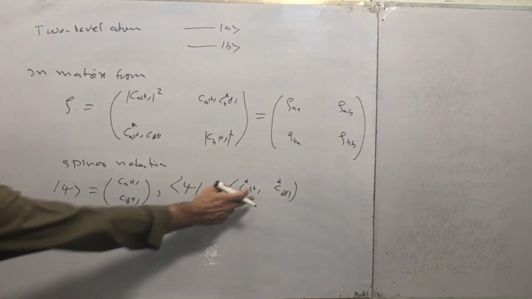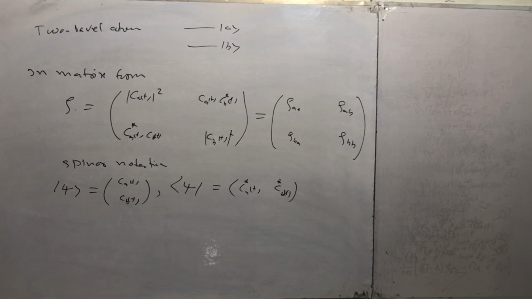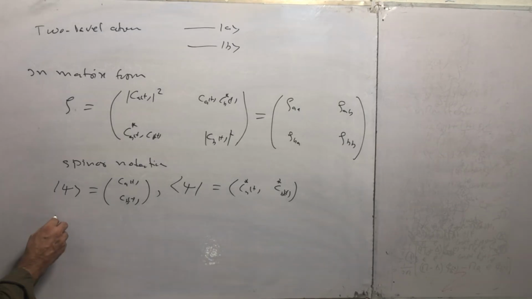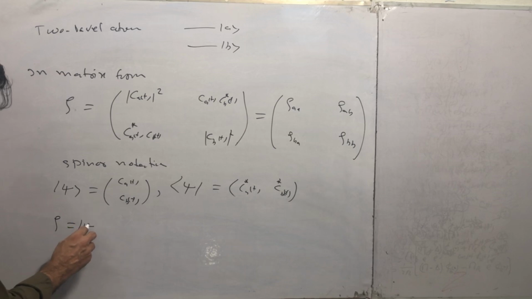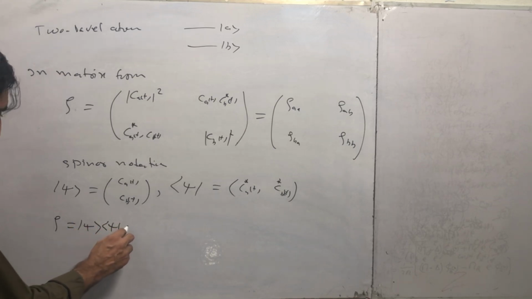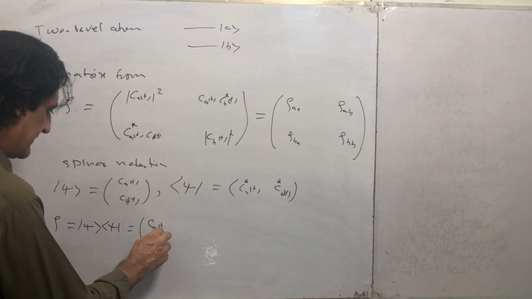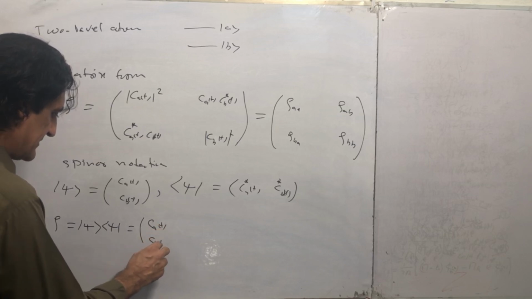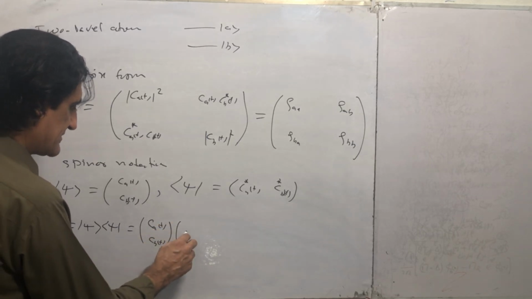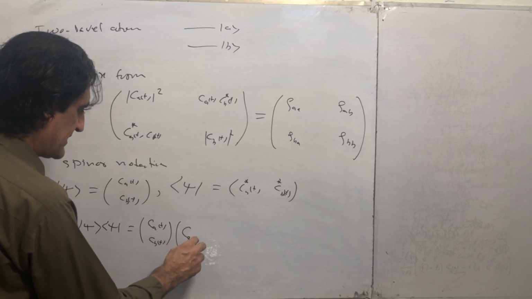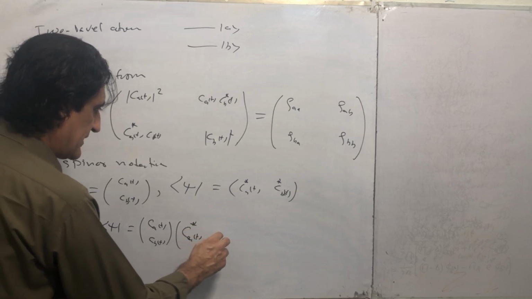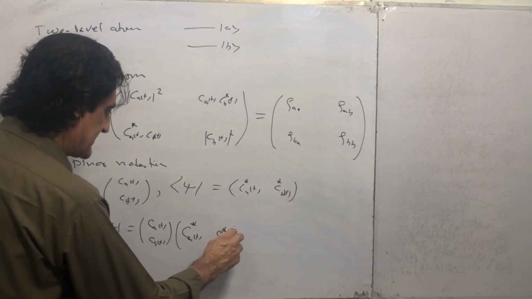So this is a matrix and this is a matrix, and if I write the density matrix, then we must have Ca of t and Cb of t in column matrix form, and this in row matrix form, Ca of t star and Cb of t star.